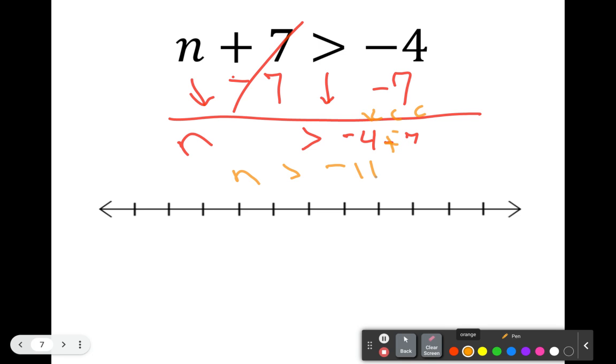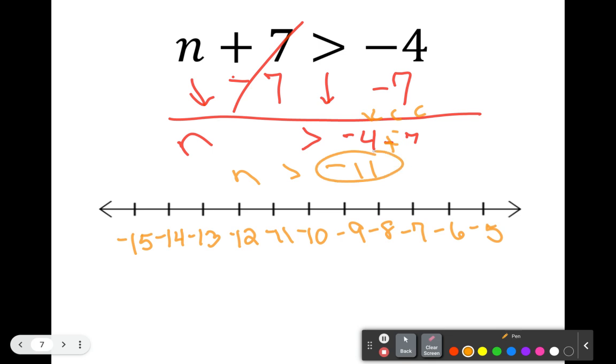So in order to graph this, I'm just going to put some numbers in here. It doesn't really matter which numbers you put on your number line as long as you have this number here, whatever you got for your answer.